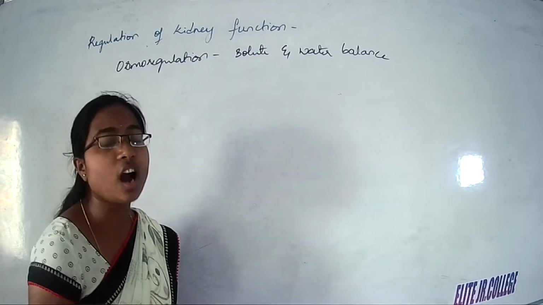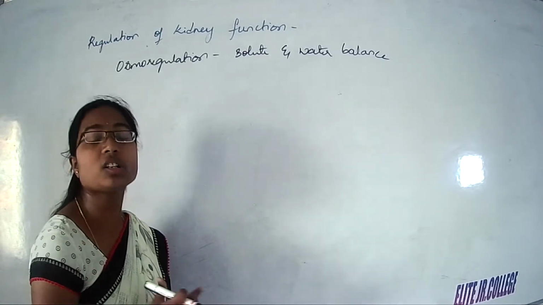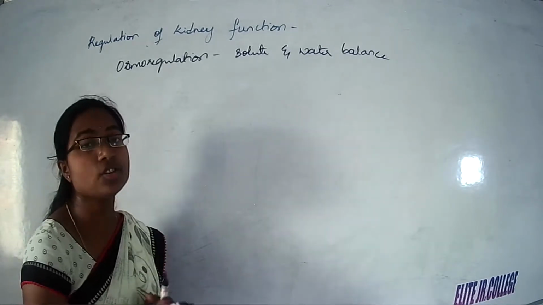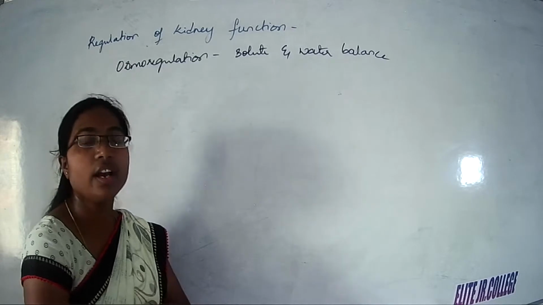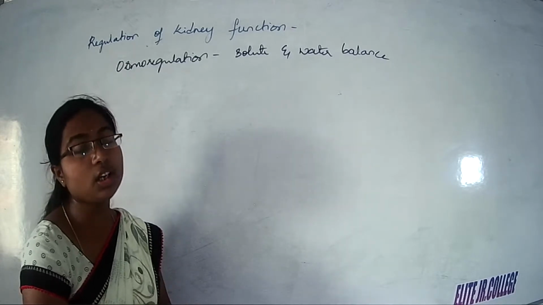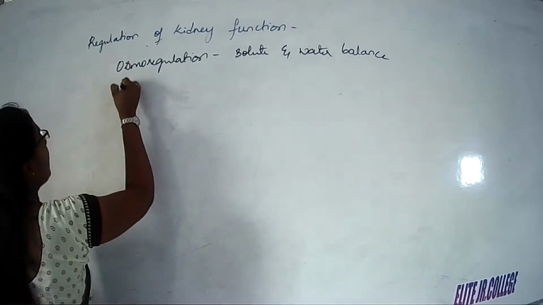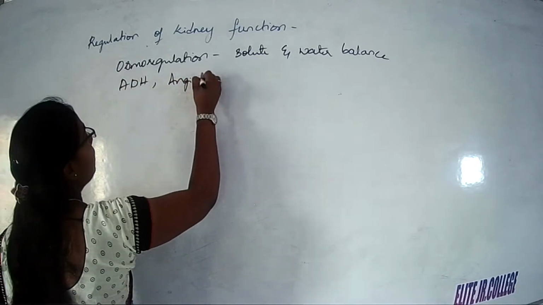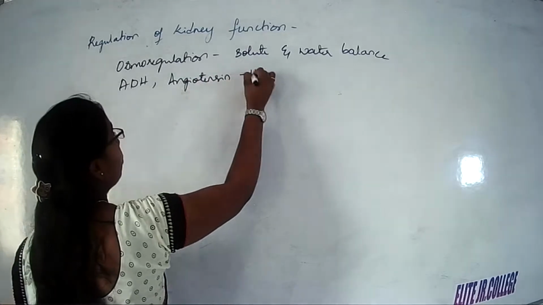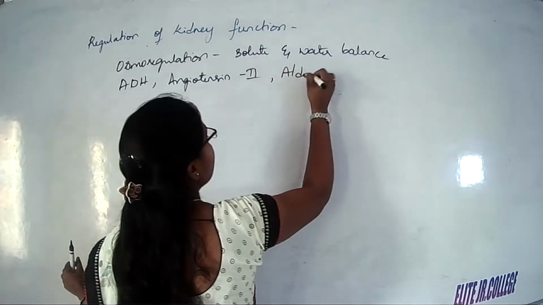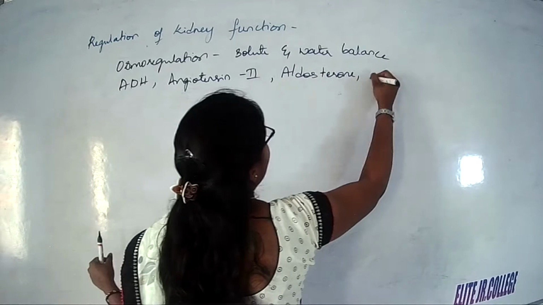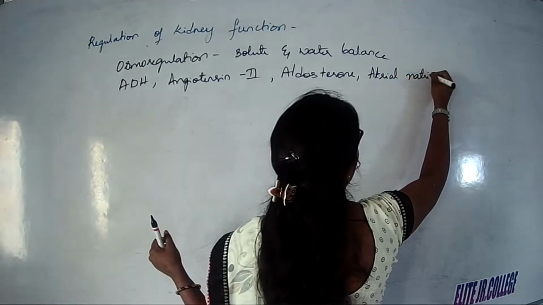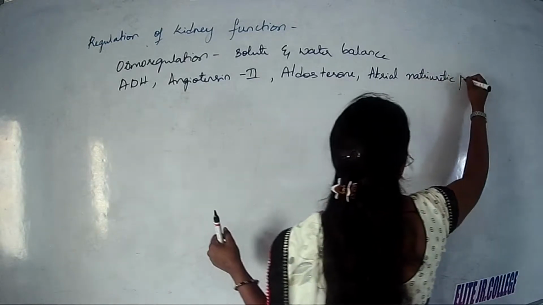Okay, so there are different hormones which are involved in osmoregulation by kidneys. So kidneys are going to assist in osmoregulation. Different hormones like we have ADH, angiotensin 2, aldosterone, atrial natriuretic peptide.